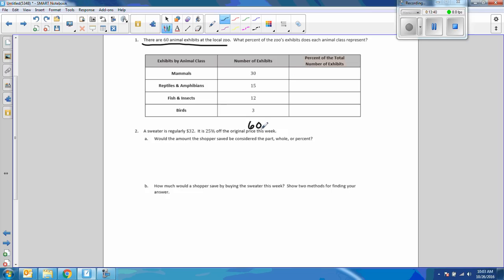Well, 60 is the total, so percent is the number we're given divided by the total. So I take the 30 they gave us and divide by 60. Well, that reduces to 1 over 2. That's a half. Well, a half is equivalent to 50 over 100 if we want to go to percent. So that is 50%.